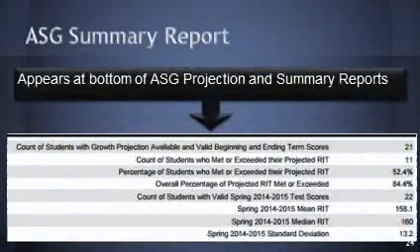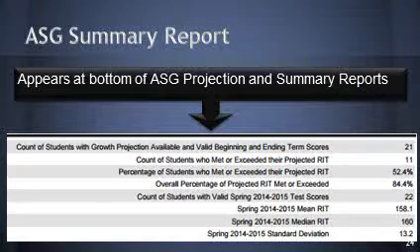At the bottom of this growth report, there's a summary that gives how many students had a valid beginning and ending test scores, how many met or exceeded their projected RIT, what percent that was that met or exceeded their projected RIT, the overall percent of projected RIT met or exceeded, the count of students with valid spring test scores, the mean RIT, the median RIT, and the standard deviation.